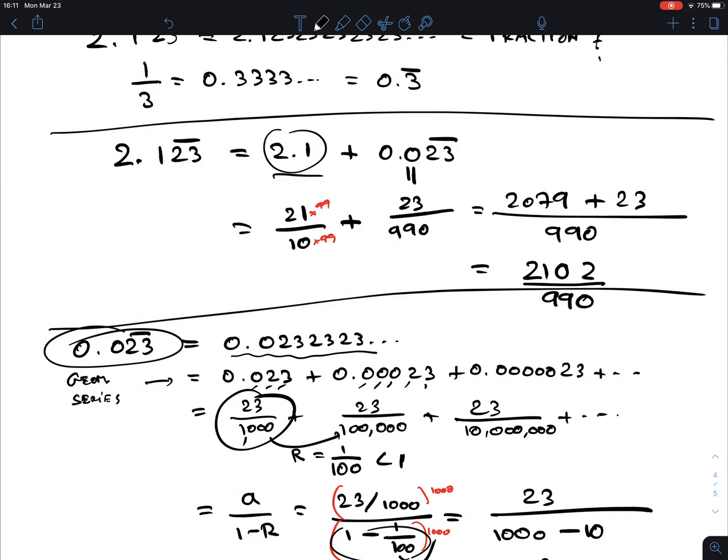Wait, I somehow seem to have missed 21 times 99, 2079 plus 23. Okay. Oh no, I just punched in the wrong numbers. Okay, it is correct.